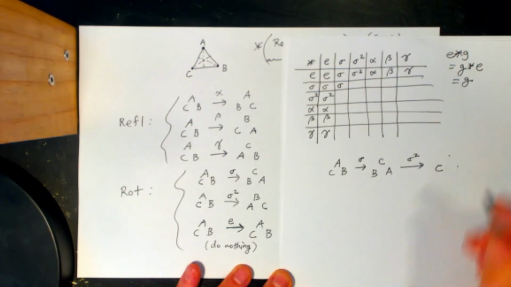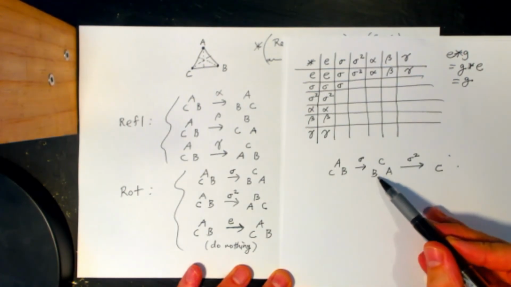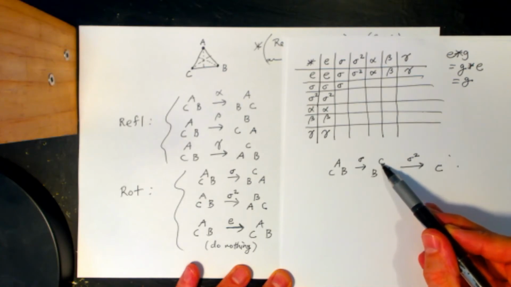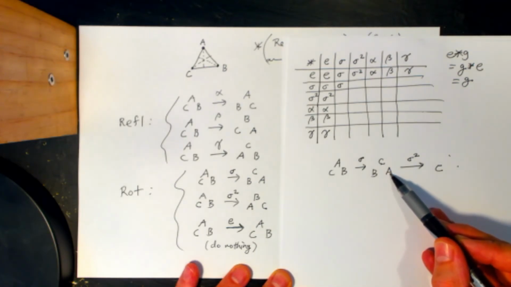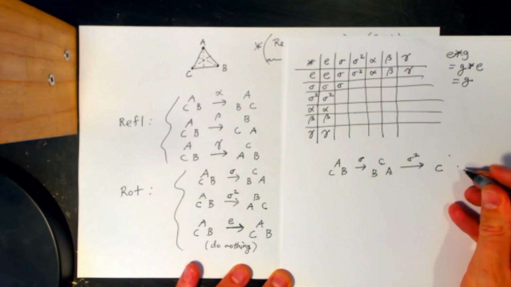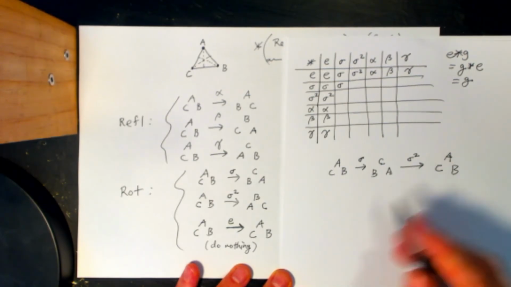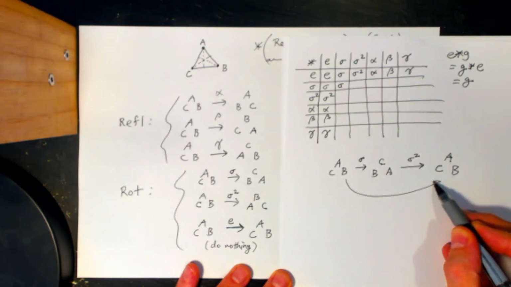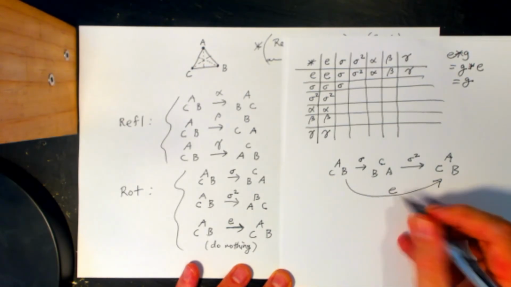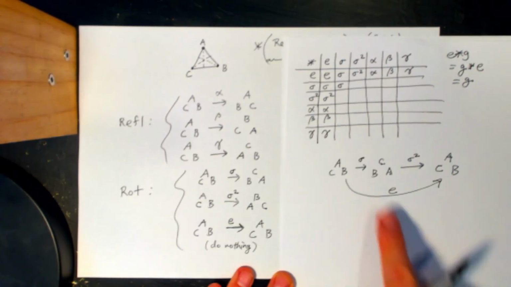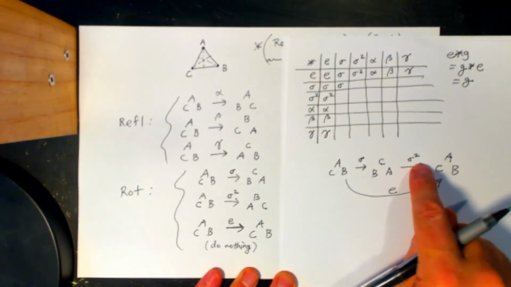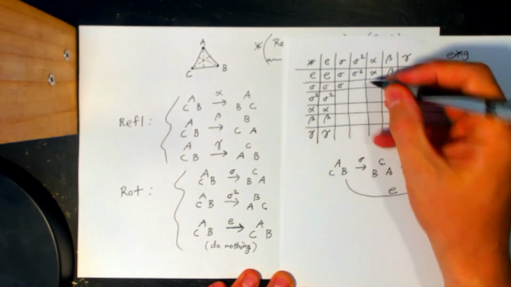B goes there, and then again there, so B ends up there, and of course A ends up at the top. So this is the same as do nothing. This tells us this one combined with this one is equal to E.